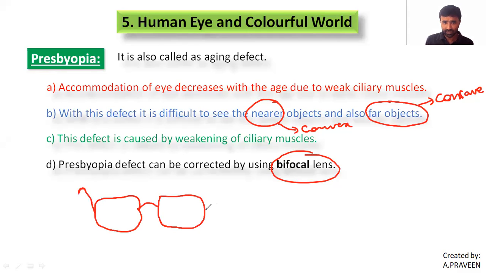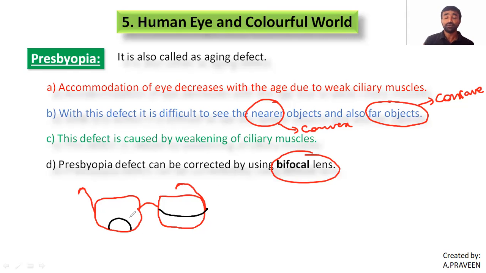So what is the combined lens actually? It consists of two portions in it, like this, or sometimes you may see like this, right? Any design they can take.